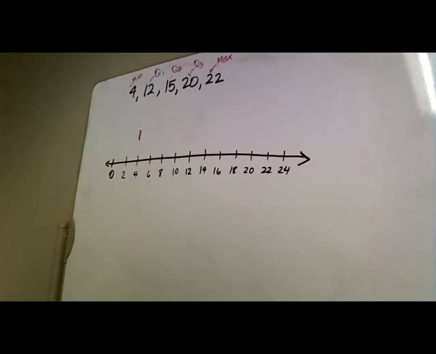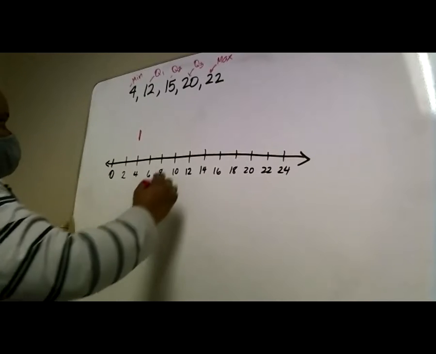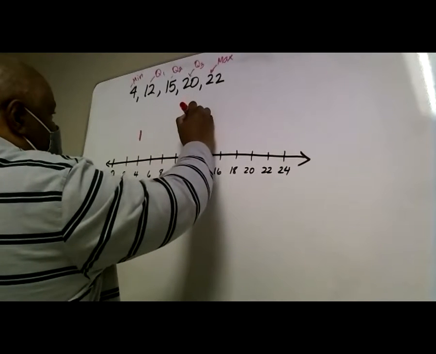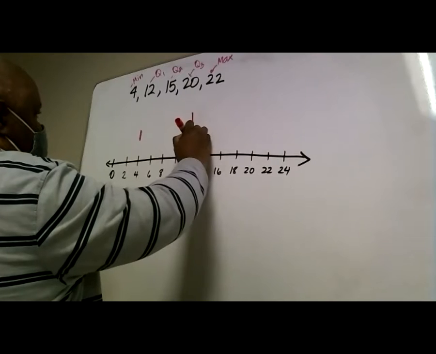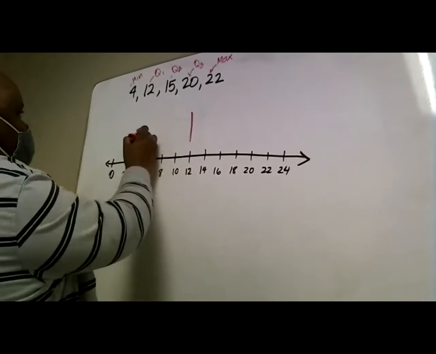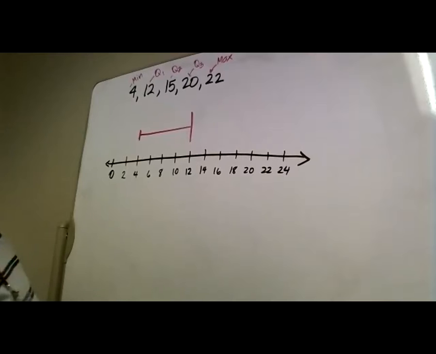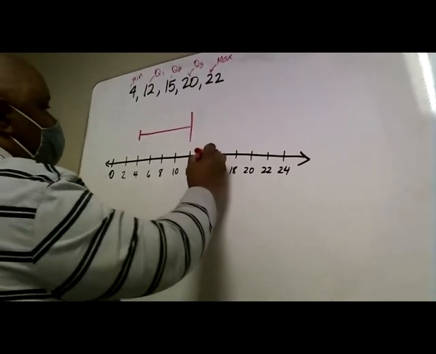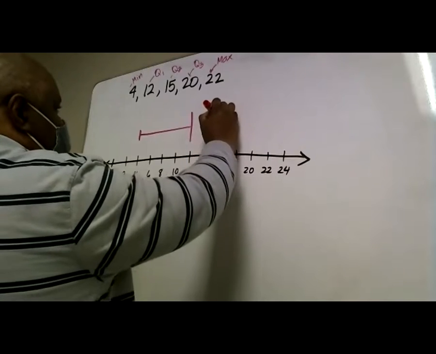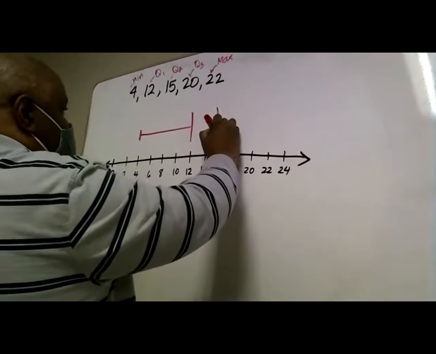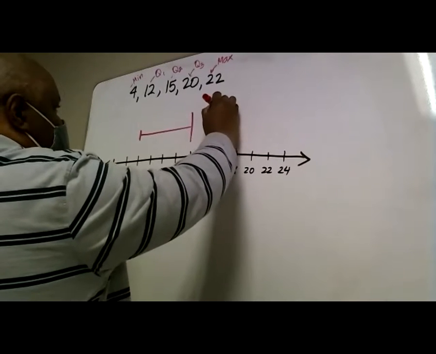minimum value to Q1, which is in this case 12. So I'm going to draw a longer line here. That's going to be part of the box there. And I'm going to connect this to Q1. That's the whisker. Q2, which is the median, that's 15. Well, that's halfway between 14 and 16, so I'm going to draw an equally long line there.